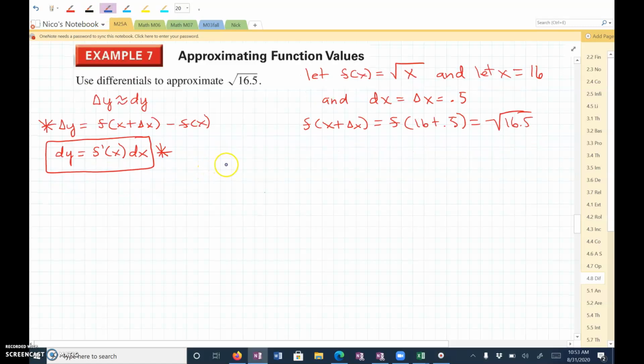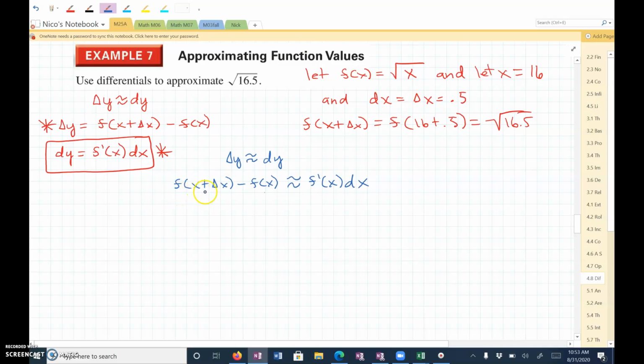Okay, so again, we've already said that delta y is approximately dy, where delta y is f of x plus delta x minus f of x, and that's going to be approximately equal to dy, which is f prime of x dx.